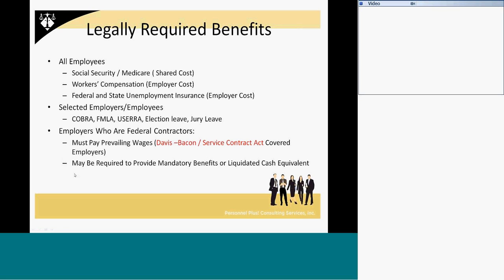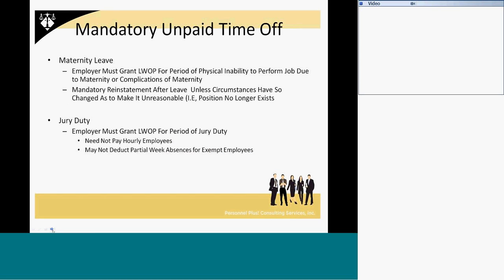If you're a federal contractor, as we talked about, there are additional requirements such as the Davis-Bacon Act or Service Contract Act that require review. There are laws out there, mostly federal, that require that you provide unpaid time off. Maternity leave comes from a 1978 law called the Pregnancy Discrimination Act Amendments of 1978.